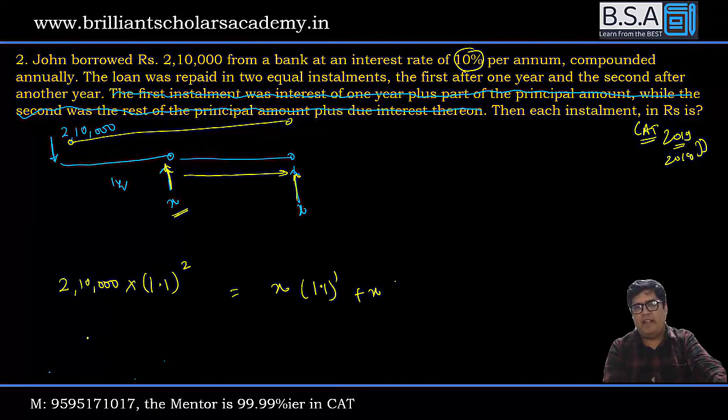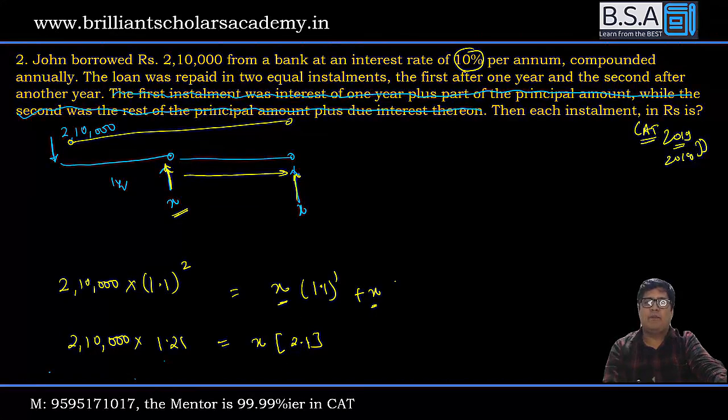So if I rewrite this as 2,10,000 into 1.1 square, I know you know. If I take X common here, I will have 2.1. This 2.1 can be cancelled 10 times.